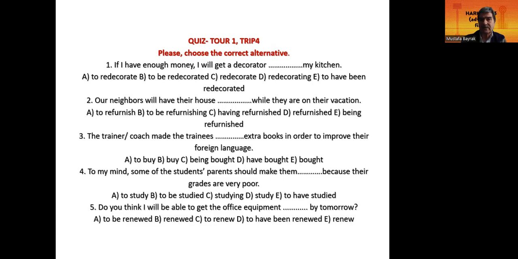Where is verb 3? Our neighbors will have their house while they are on their vacation. Our neighbors will have their house, have something done.